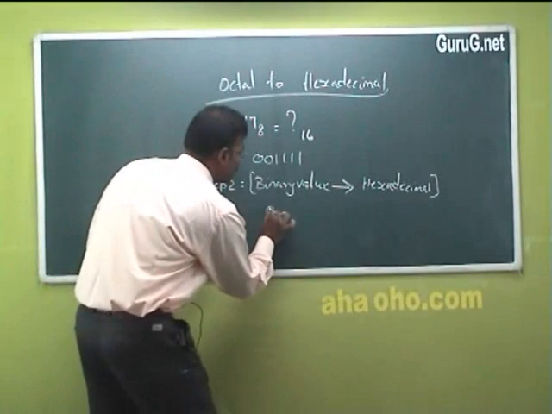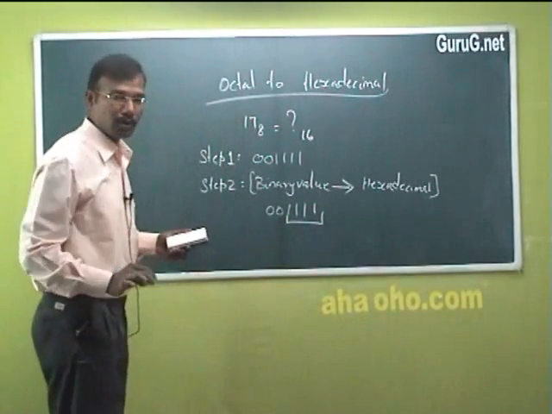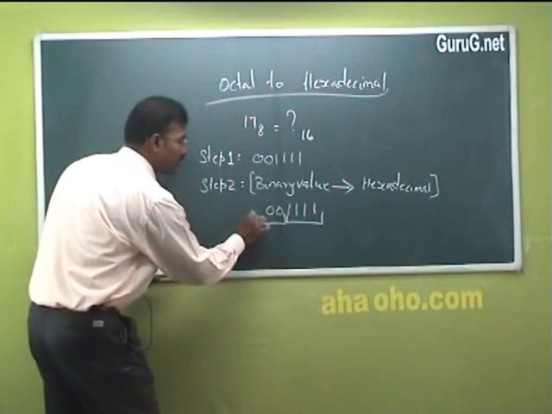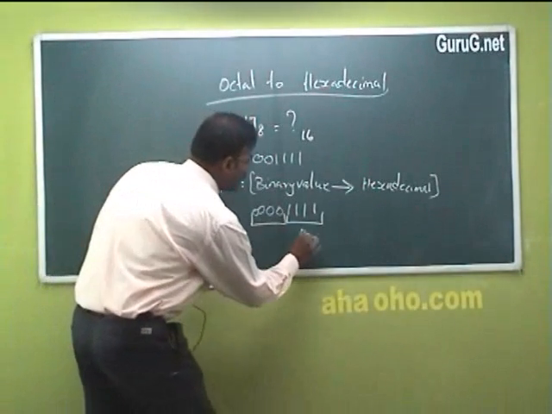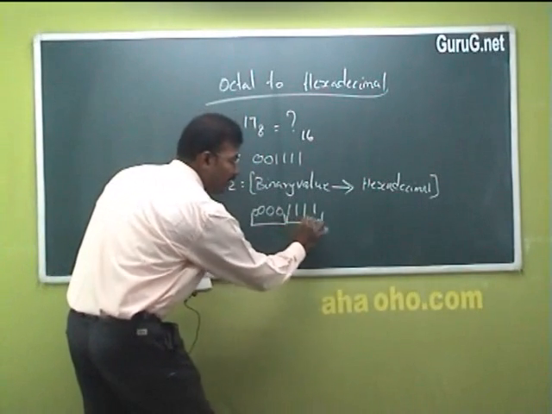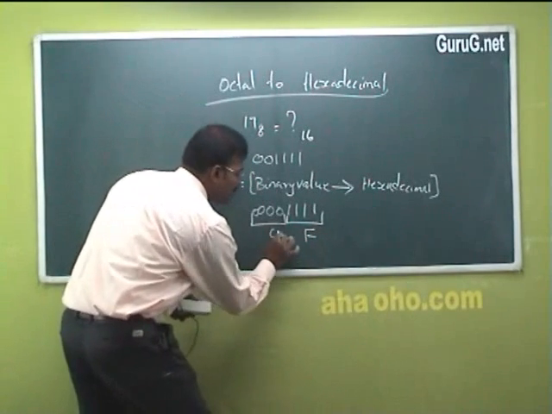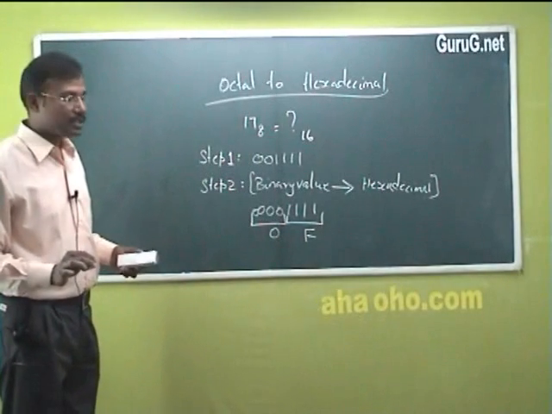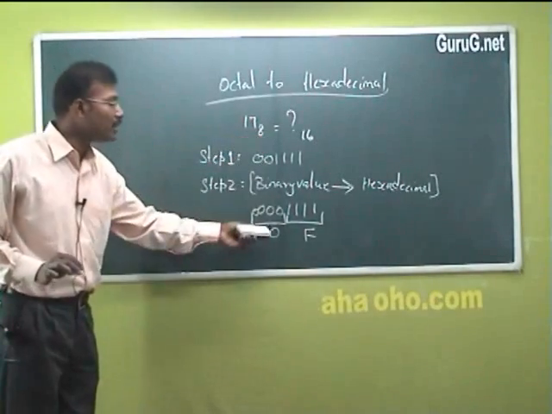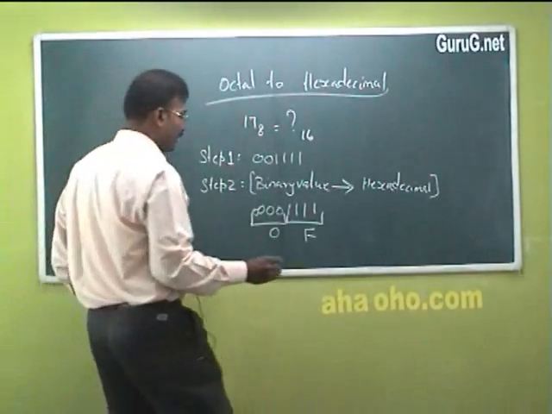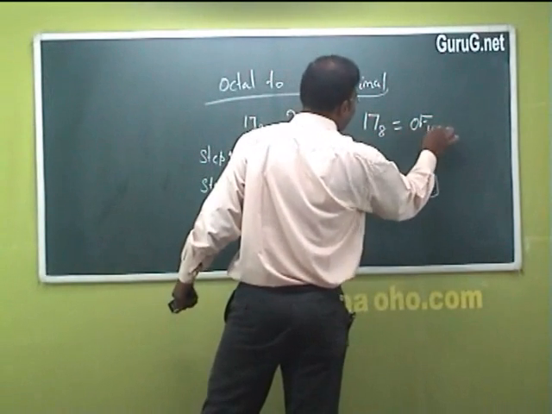So we take 0011 1111 as written, where one group is 1111 and the other group needs 2 zeros added. The equivalent of this binary group is F, and for the other group it is 0. So the equivalent of 17 in octal is 0F in hexadecimal. You can write: 17 base 8 is equal to 0F base 16.